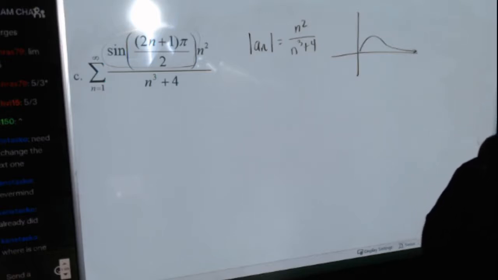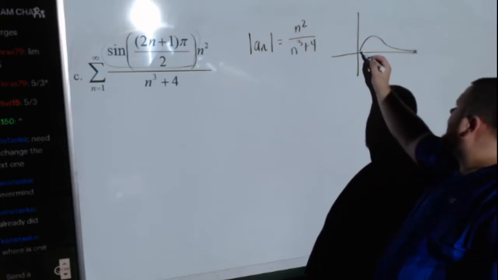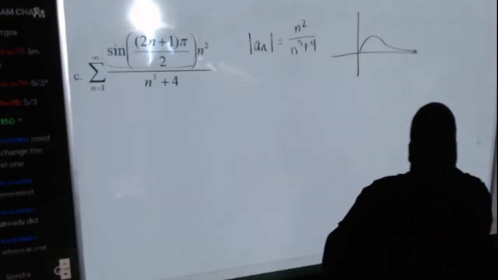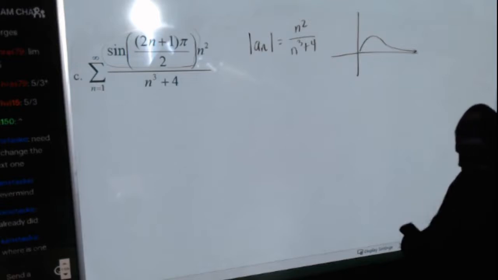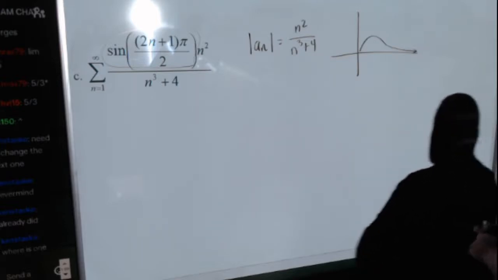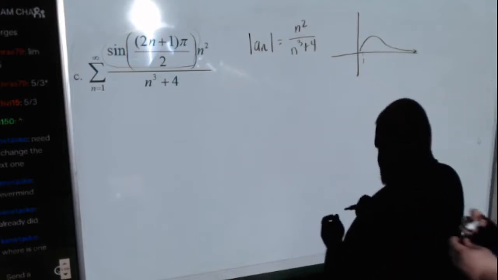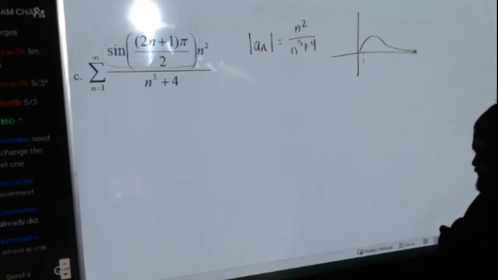Where is 1? Let me do my window starting at x equal 1. So 1 is approximately here. But it's okay.